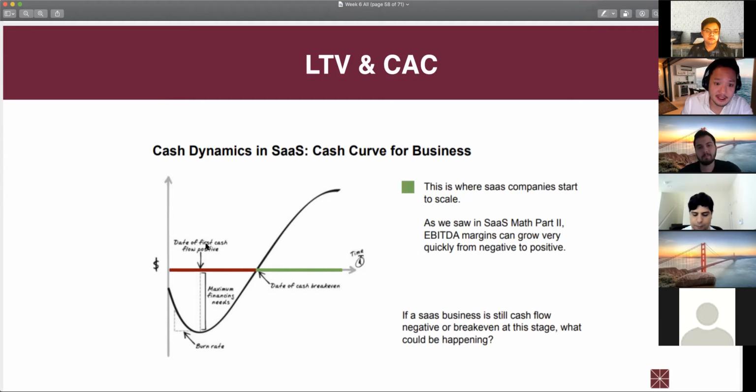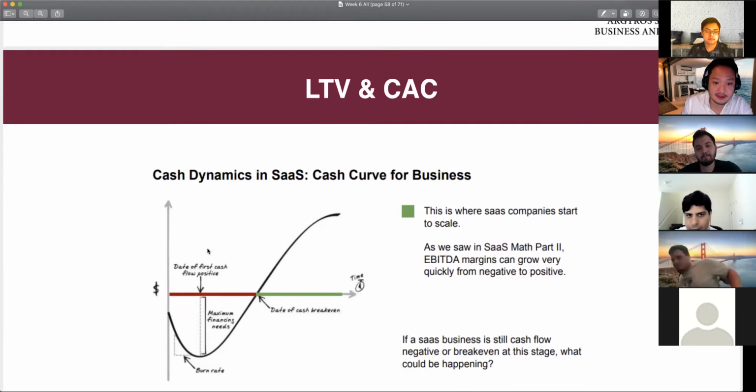So oftentimes this doesn't just apply to SaaS, right? We're taking SaaS as an example because there's a very strong recurring revenue component to it. You start with all this financing in the beginning, which puts you at a high burn rate. There's a break even point, and then you start to scale. This is where all the EBITDA margins come in. This is where SaaS companies get really, really expensive. And remember, we talked about the rule of 40.